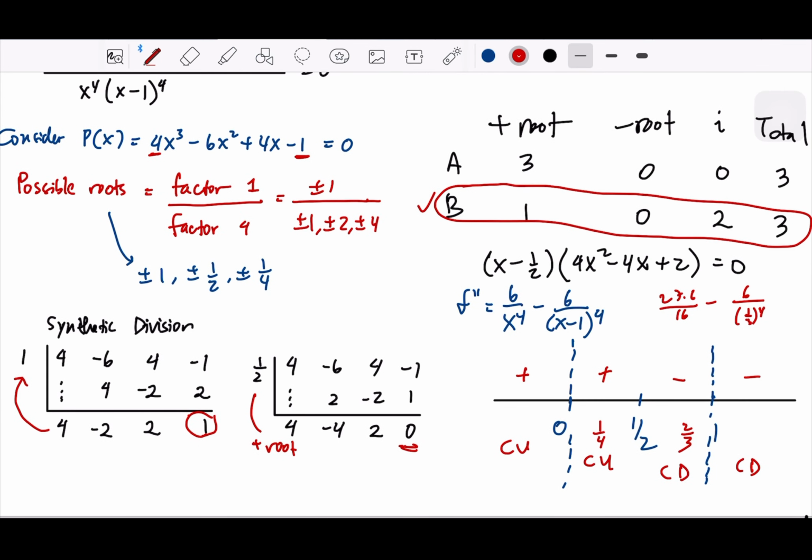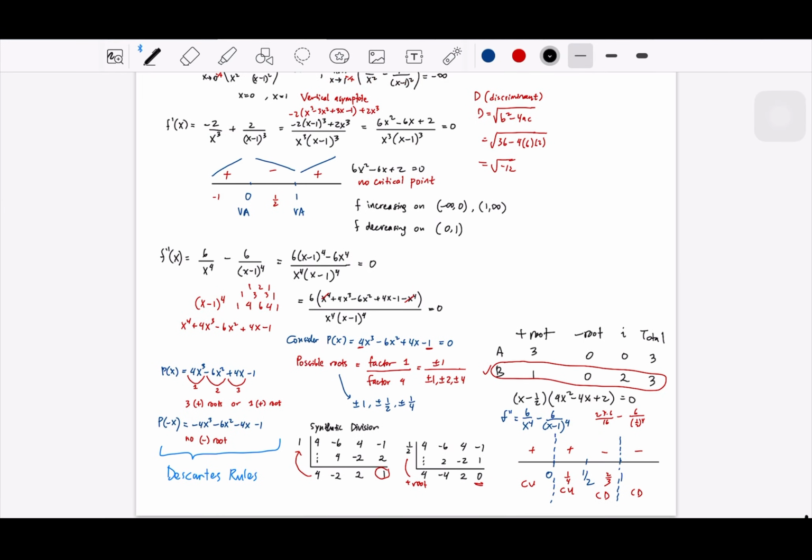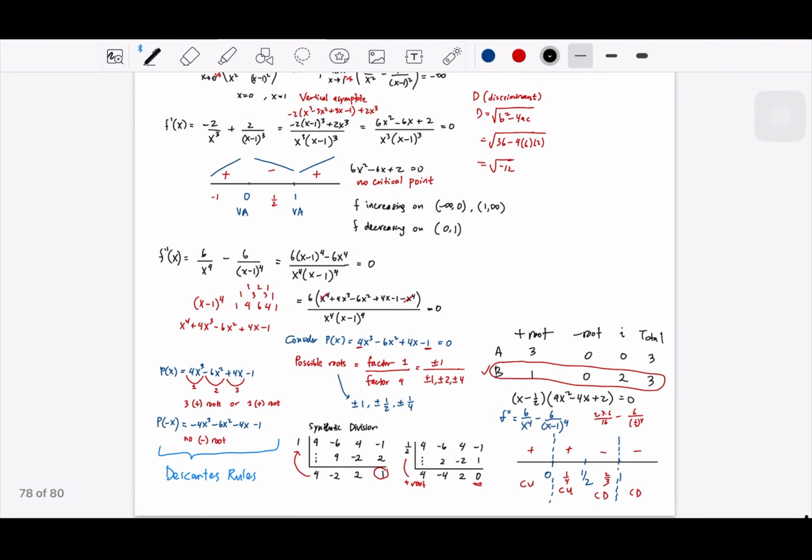Okay, let me write all the number lines that we found so far, because I have no space here. Let me put another page just to write the conclusions.